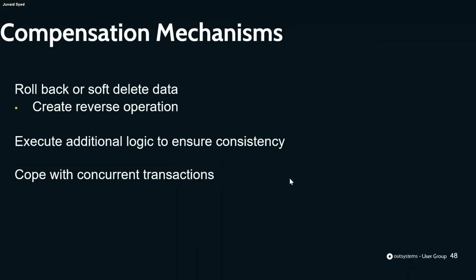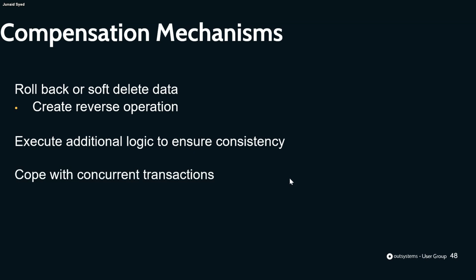So for the compensation mechanism, there could be various approaches, right? Rollback or soft delete of data. We can roll back the transaction somehow, or we can simply soft delete the data, like we set those records as inactive or something. And then we need to execute additional logic to ensure consistency. Like in this case, we inform the claims application and then we inform the end user about it.